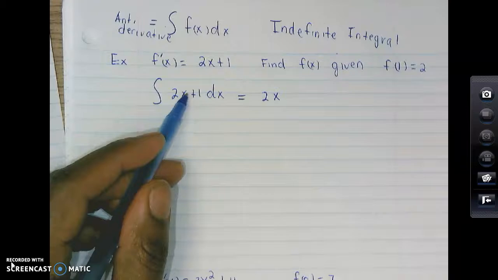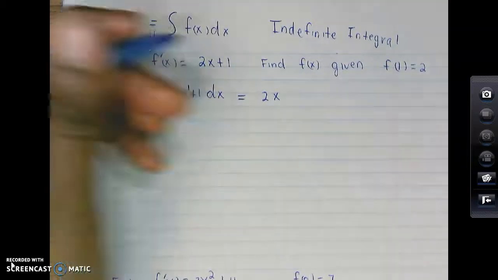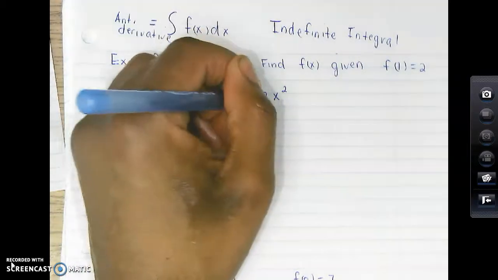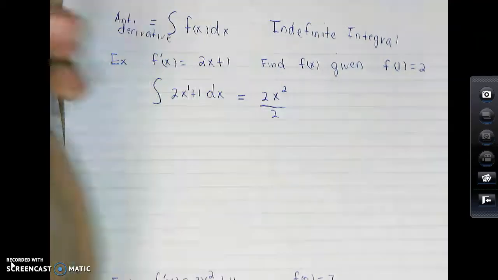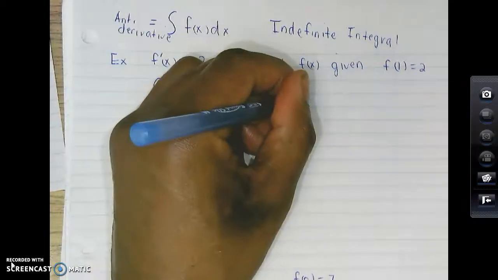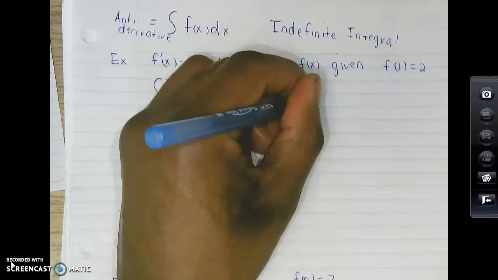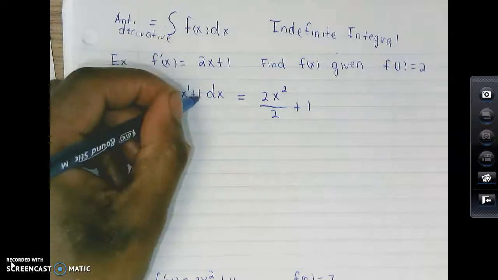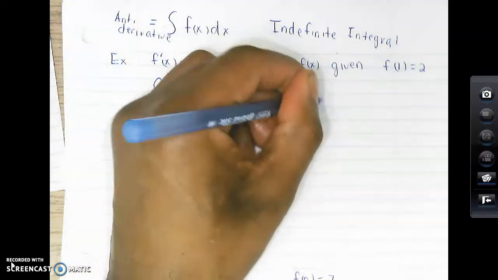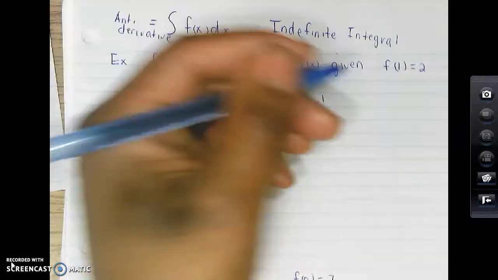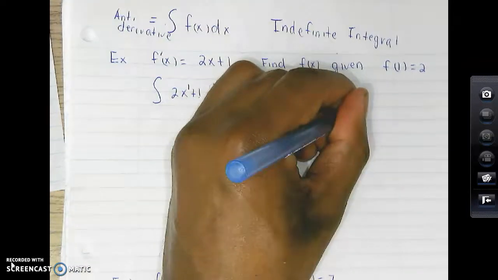So since this is already x to the first power, this becomes 2x to the second power, and then we need to divide by the new exponent, 2. And remember, 1 is technically x to the 0. So this is now going to be x to the first power. And then we need to add our plus c.